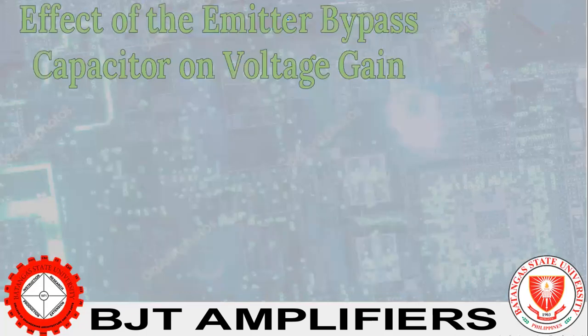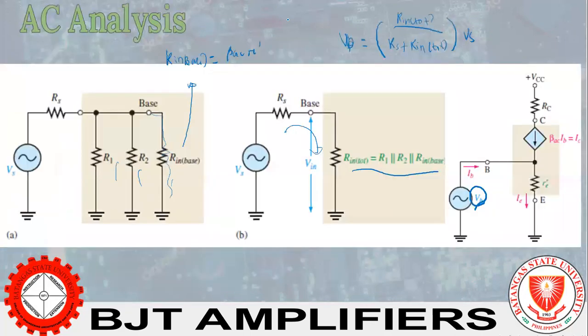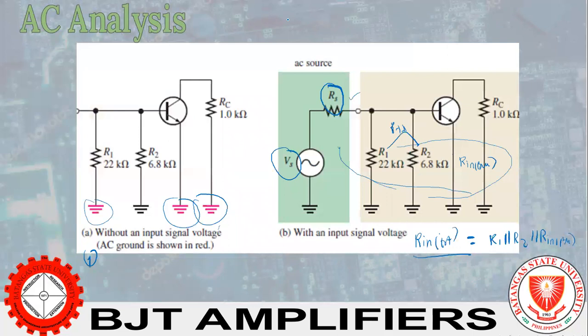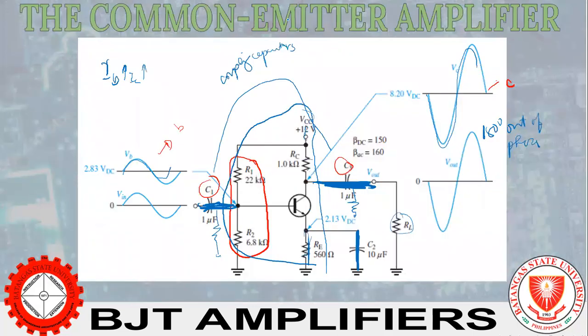Now let's look at the effect of the emitter bypass capacitor on voltage gain. The emitter bypass capacitor, which is C2 in the circuit we've been discussing, provides an effective short to AC signal around the emitter resistor, thus keeping the emitter at AC ground.